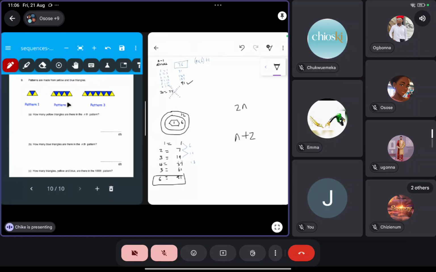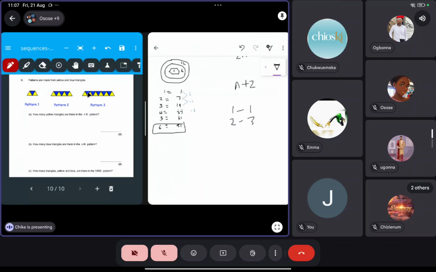Do we get what I just asked? I said the n plus 2 will not work. Because they said how many blue triangles are there in the nth pattern? For example, in pattern 1, we have 1 blue. For pattern 2, we have 3 blues. For pattern 3, we have 1, 2, 3, 4, 5.